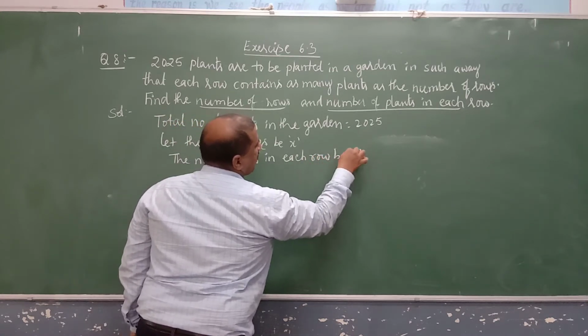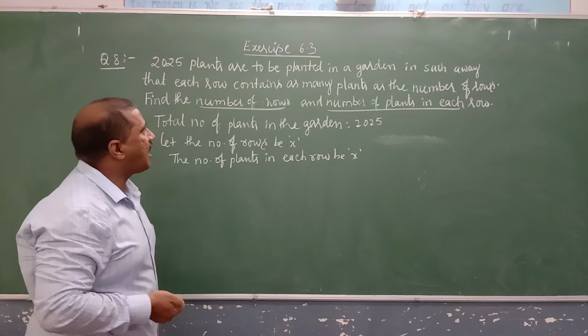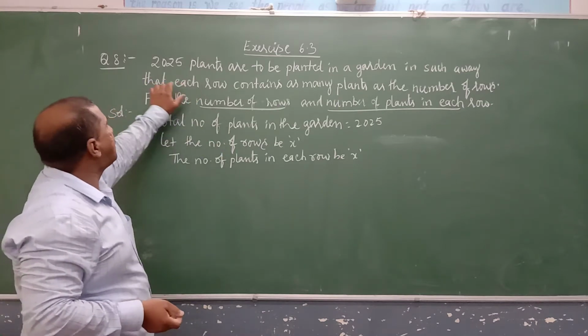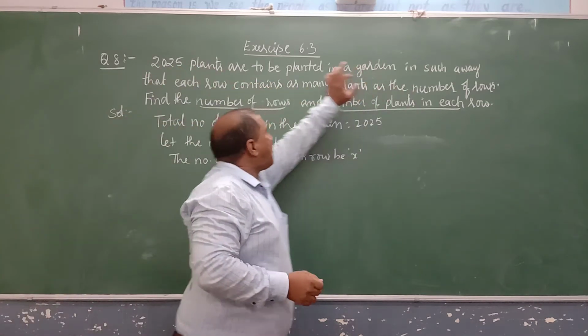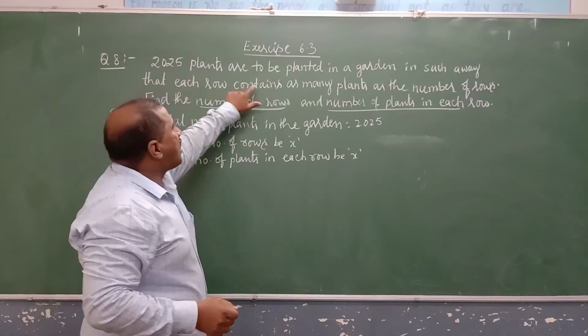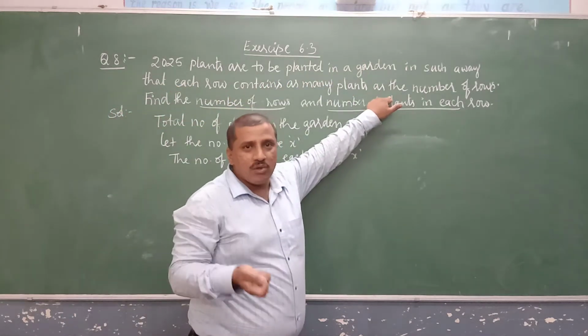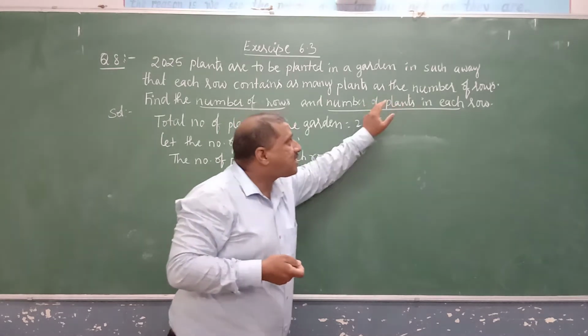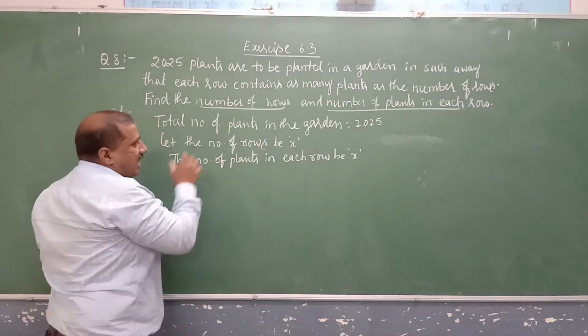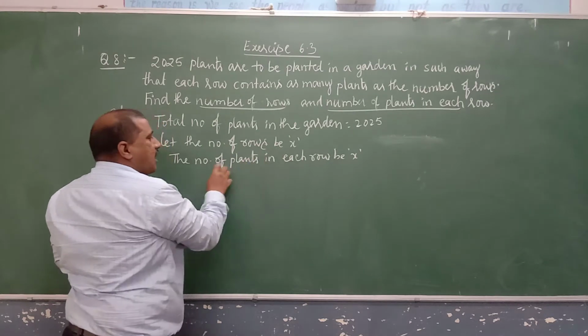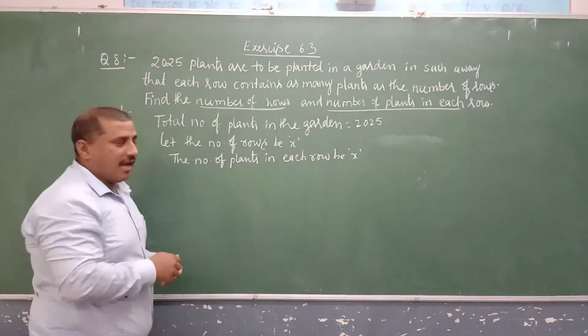Why are both equal, both x? Because it is given how the plants are arranged. Each row contains as many plants as the number of rows. However many rows are there, those many plants are there in each row. That's why we are taking the number of rows as x and the number of plants in each row also as x.